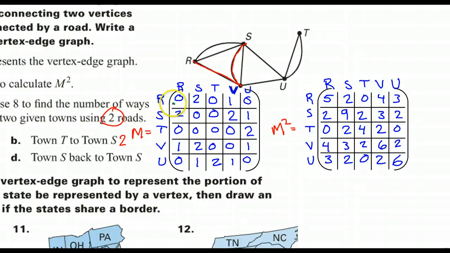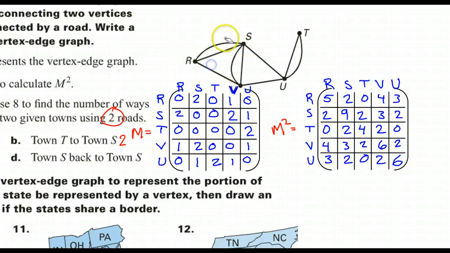Notice when we did S to S and T to T, it was all zeros before, because there's no way to get from a town back to itself using only one road. At least you have to go one path, and then you had to come back. So there are no ways. But now, if I look at S to S, there are 9 ways to get from S back to S.